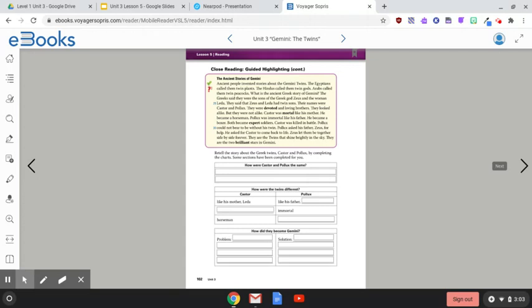Review lines 19 and 20. Underline the prepositional phrases that tell when Gemini can be spotted. Put squares around their prepositions.